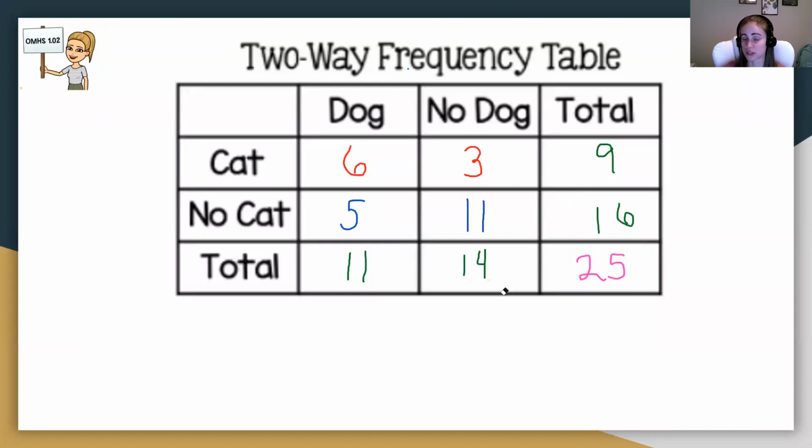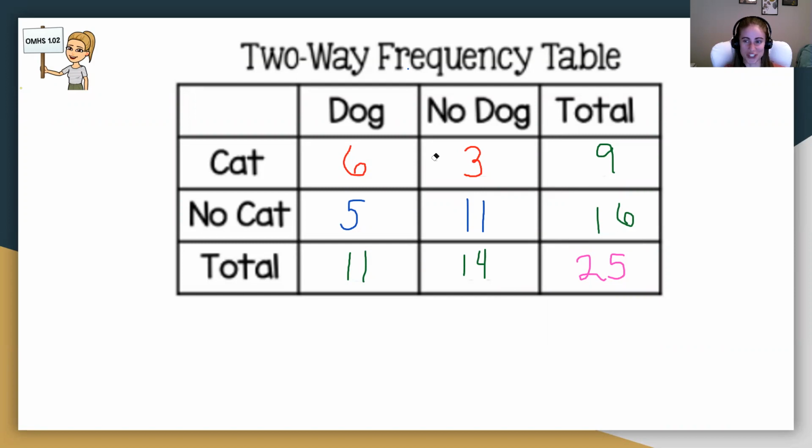Now that our table is filled in, we can use it to answer some questions. So we'll just go over one question, but then we'll do another example where you guys can try it out yourself. So my question to you is, how many people were surveyed? All right, I changed my mind.